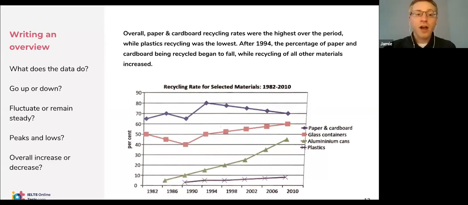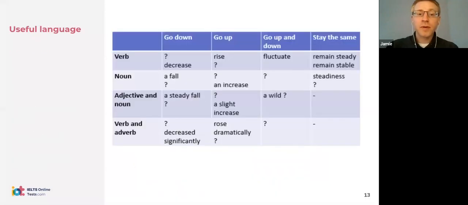So to do that, it will benefit you to look at some useful language, because you'll be talking about changes and you don't want to repeat yourself by constantly saying decrease, decrease. So here there is some useful language.